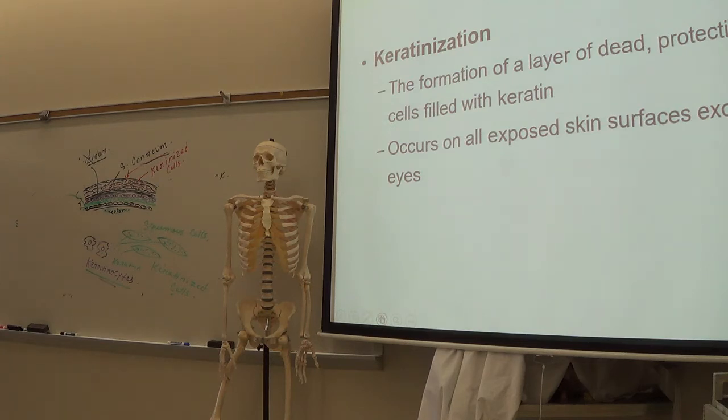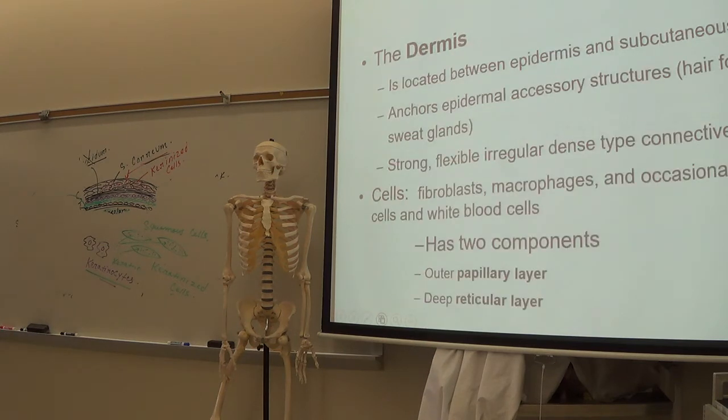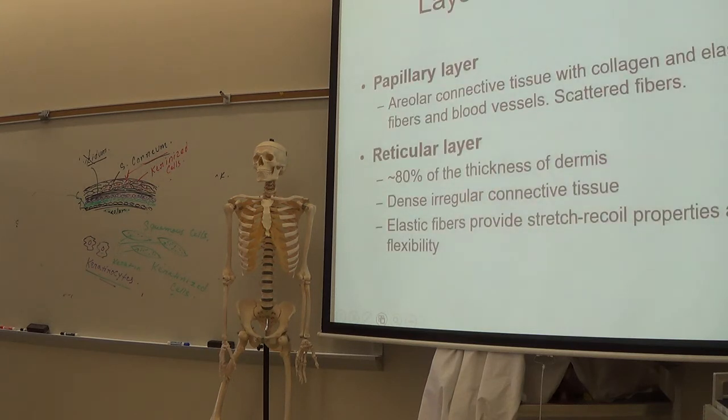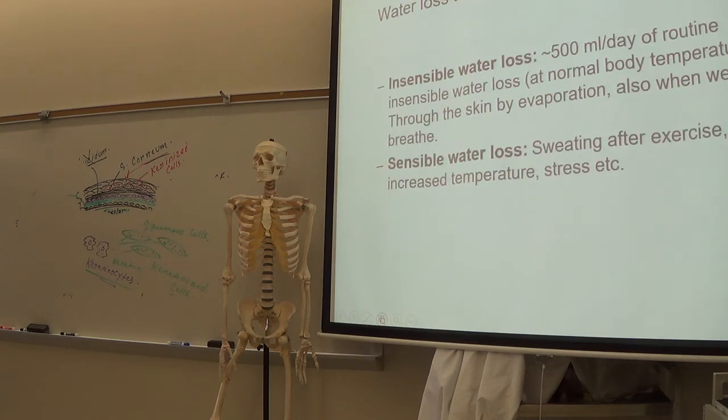And this process is called keratinization. I have already talked about two layers of dermis, outer papillary, loose areolar, inner reticular, dense, what? Irregular. Very good. You see here, 20% thickness by papillary, 80% thickness by reticular.